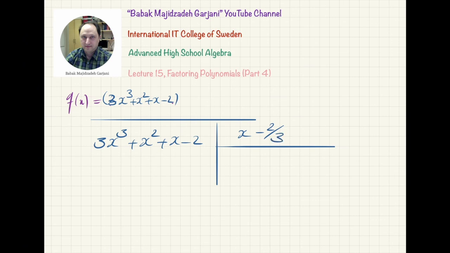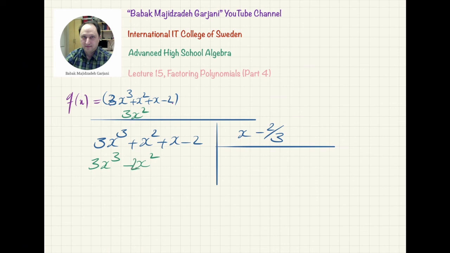So let me change the color. So again, I divide the first term by the first term. I will get 3x^2, and then if I multiply it, it becomes 3x^3, and then I will have minus 2x^2.